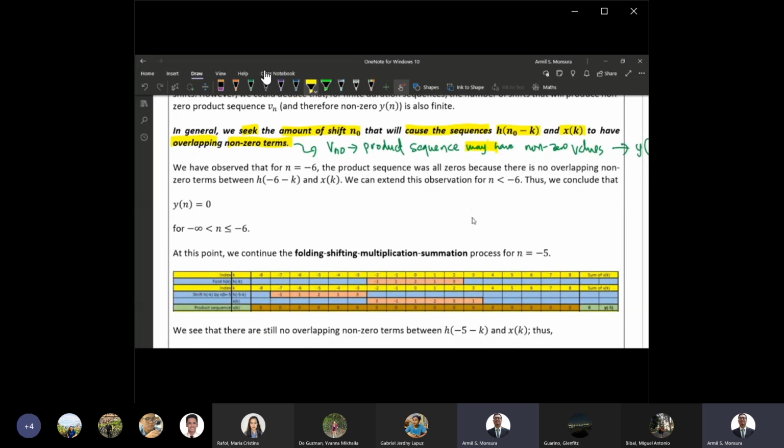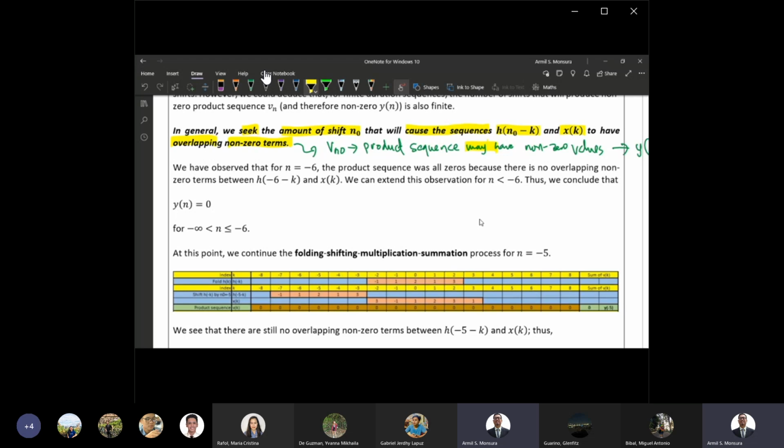Okay, and you could also imagine that the amount of shift that you would be doing is actually also finite. Ibig sabihin yung number of shifts na gagawin ninyo ito is also finite.